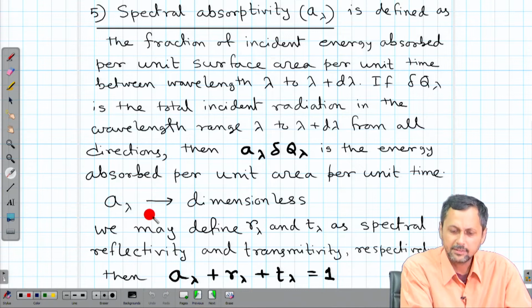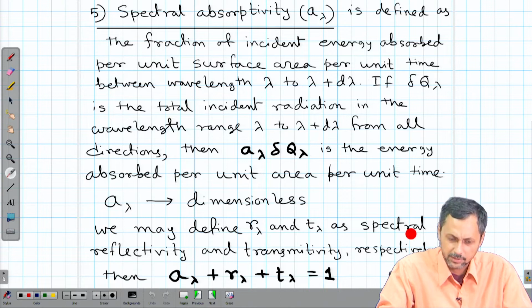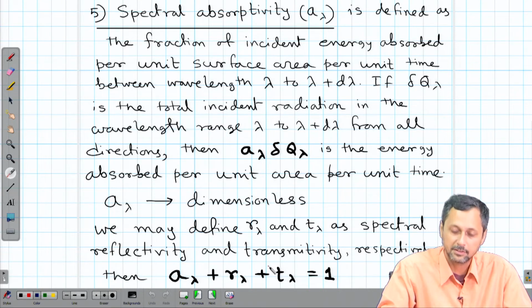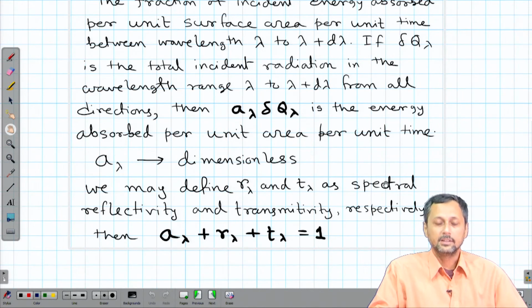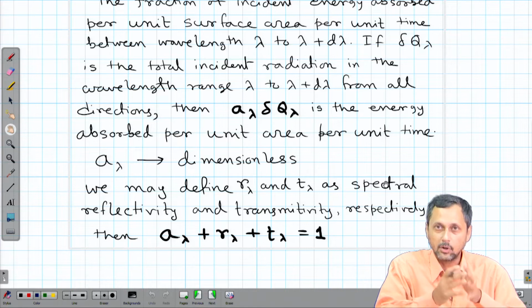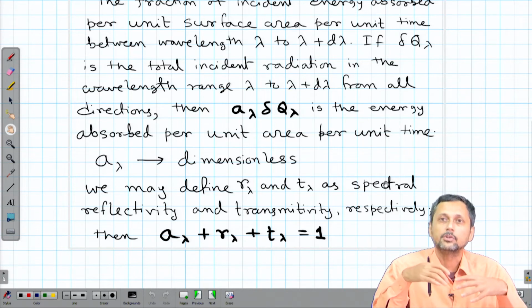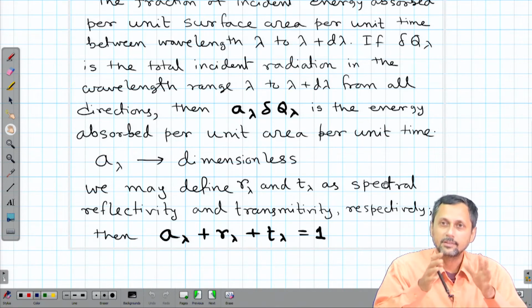And A lambda is a dimensionless number, and we may define R lambda and T lambda as the spectral reflectivity and spectral transmissivity respectively. Then for any radiation that is falling on any object, part of it will be reflected, part of it will be absorbed, and the rest has to be transmitted.